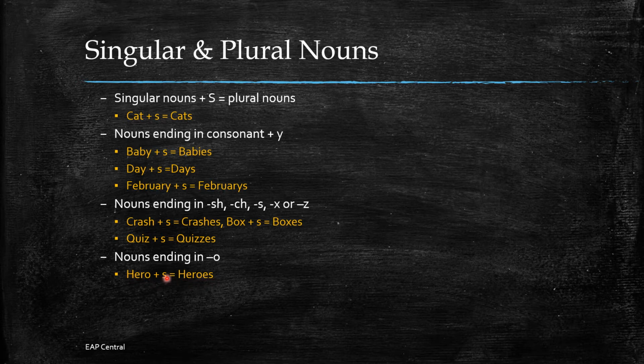Hero plus plural s is heroes. Sometimes there are words that end in o, but before the o we have a vowel, like here, i. In this case, nothing will change. Radio, it is radios.